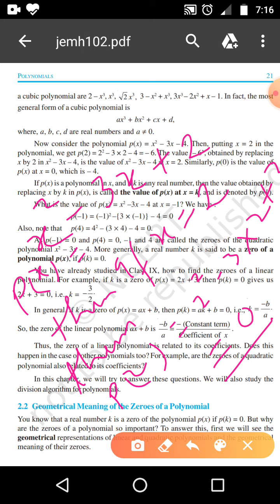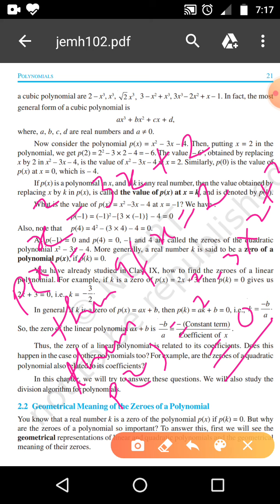Now how many zeros does a quadratic, cubic, or whatever polynomial have? The number of zeros is equal to the degree. If a polynomial has degree 1, then the number of zeros of that polynomial is 1. If it is a quadratic polynomial, that is degree 2, then the number of zeros is 2.